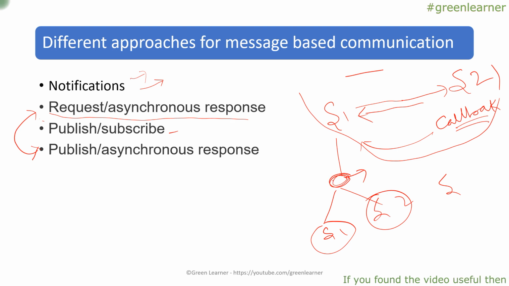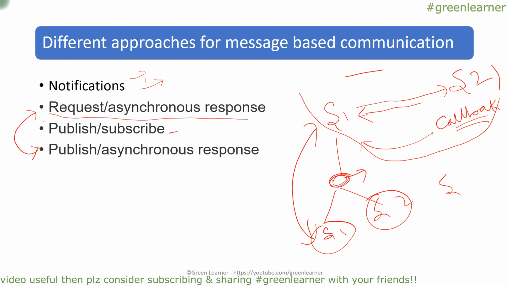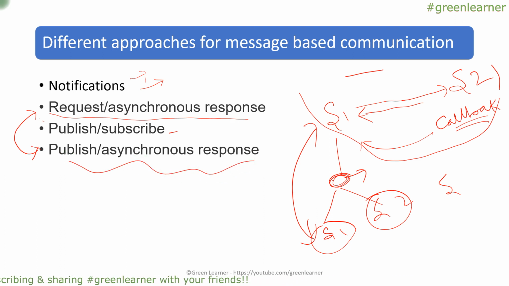So any of the services can be a producer as well as a consumer of messages, and this way the communication can be completed. There is no direct communication between these two services, but indirectly through messages they are communicating. So these are the different approaches for message based communication.